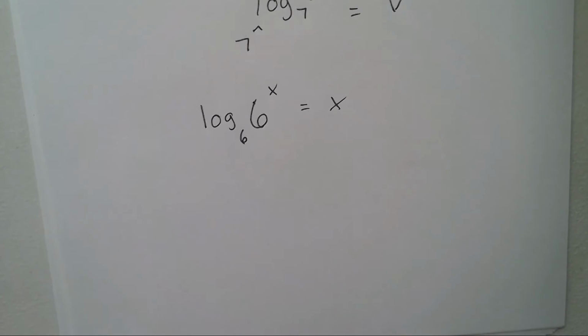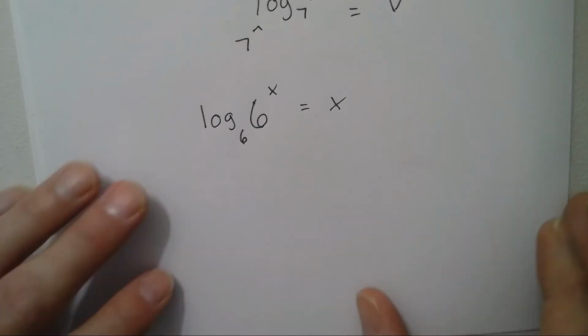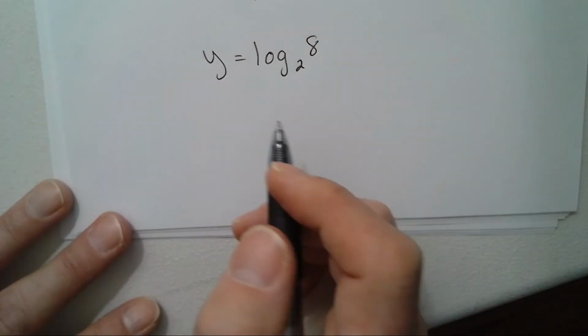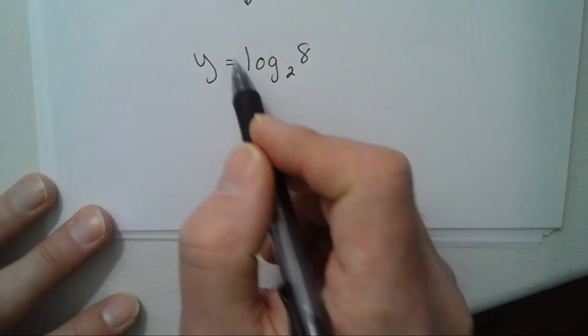Okay, and that's probably still a little confusing. So let's look at an equation. Let's say I have y equals log of 8 base 2, and we wanted to get rid of the log in this equation.